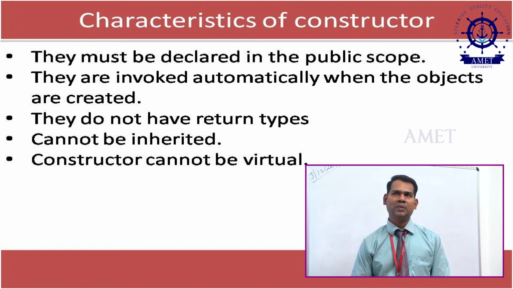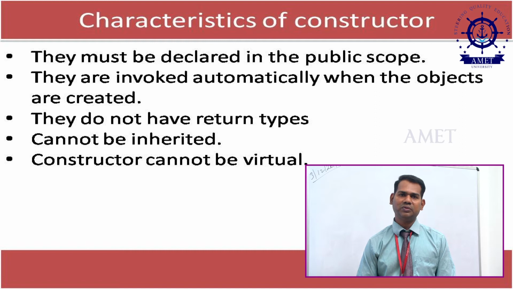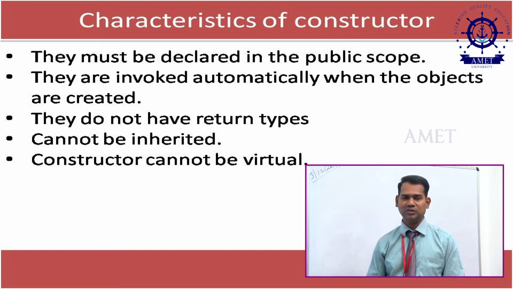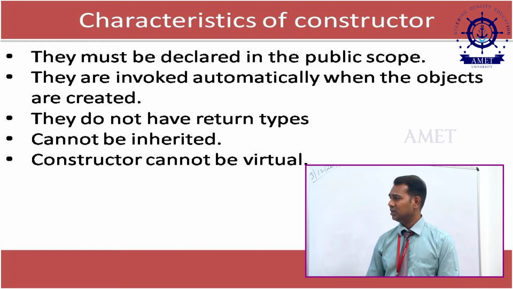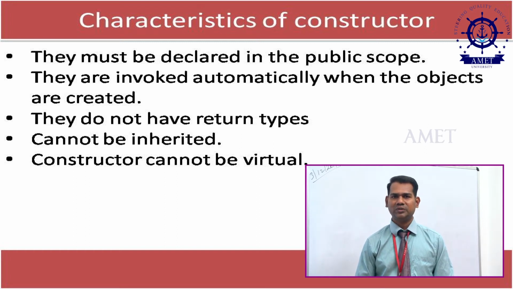If you have a constructor inside a class and you extend that class to some other derived class, you cannot extend the constructor functions to the derived class, meaning it is not inherited, it is restricted. And a constructor cannot be virtual, meaning you cannot use the virtual keyword in a constructor function.